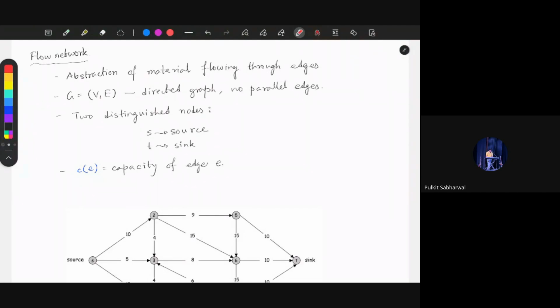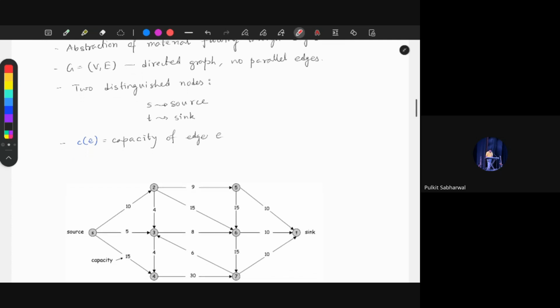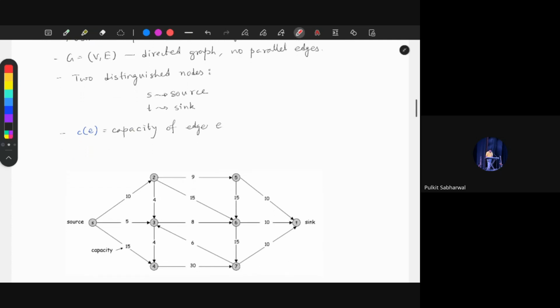So this is basically an abstracted version of the network that we study. What is that? Basically, a graph. Not only a graph, it is a directed graph. So each of the edges is directed, and there are no parallel edges. So this kind of thing is not allowed.